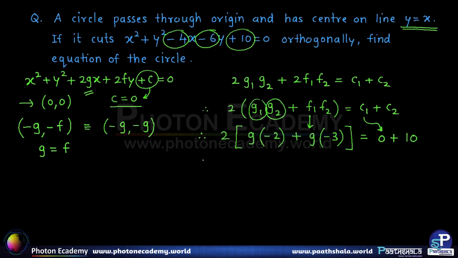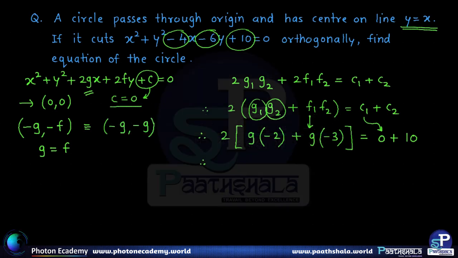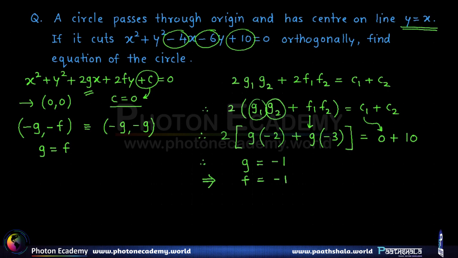So therefore on solving this, we get the value of g to be equal to minus 1. So that means f is also equal to minus 1. So if g and f are minus 1 and minus 1, that gives us the center of the required circle to be the negative of those, so that means it is 1, 1.